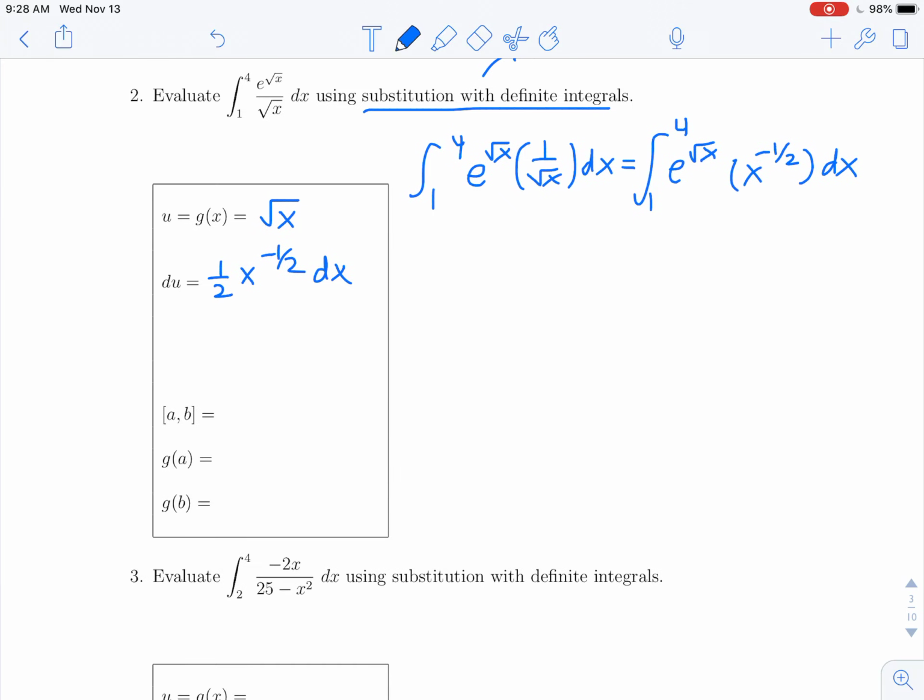So let's go ahead and incorporate that before we do the substitution. So definite integral from 1 to 4, throw in a 2, e to the root x, 1/2 x to the negative 1/2 dx.